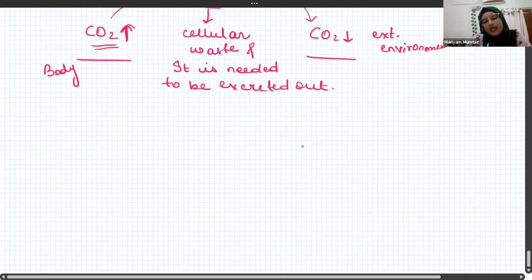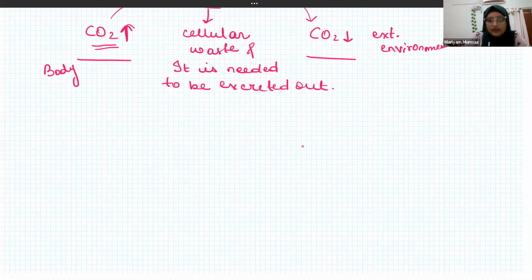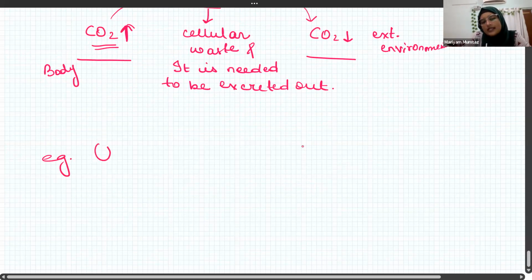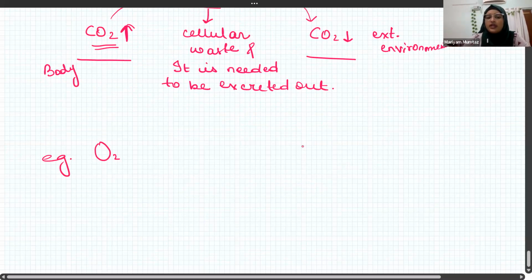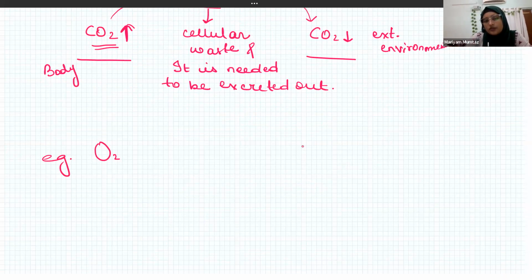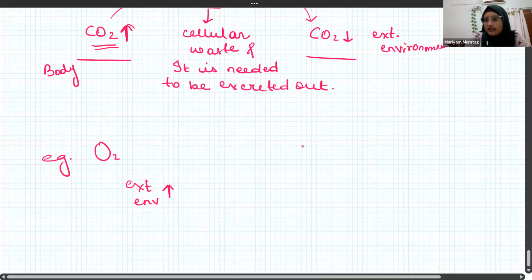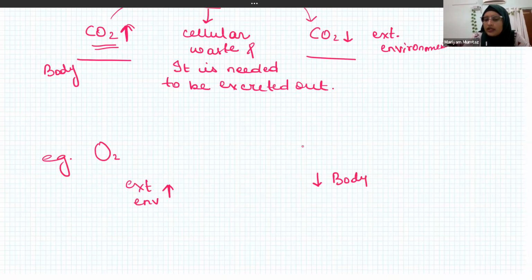Now, I will tell you another example. Like how I said that oxygen is required for respiration or breathing, right? We breathe in oxygen. So if the amount of oxygen present in the external environment increases and it decreases in our body, then what will happen? Which will be the direction of the O2?